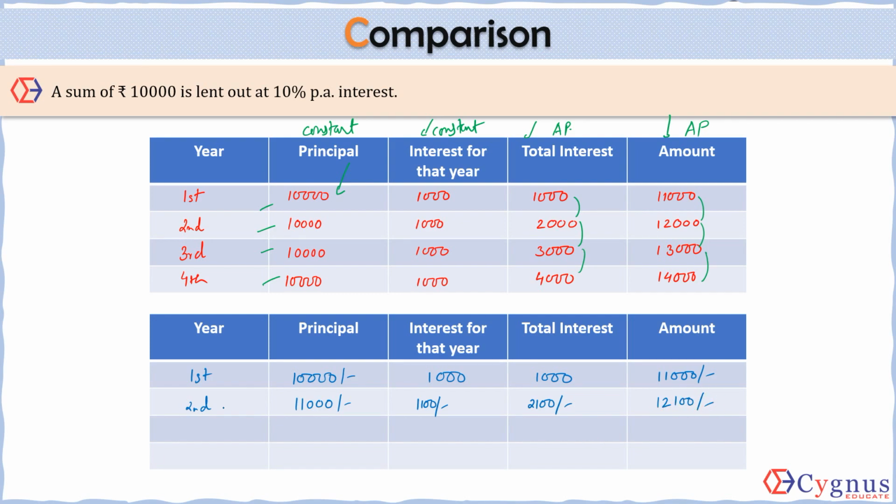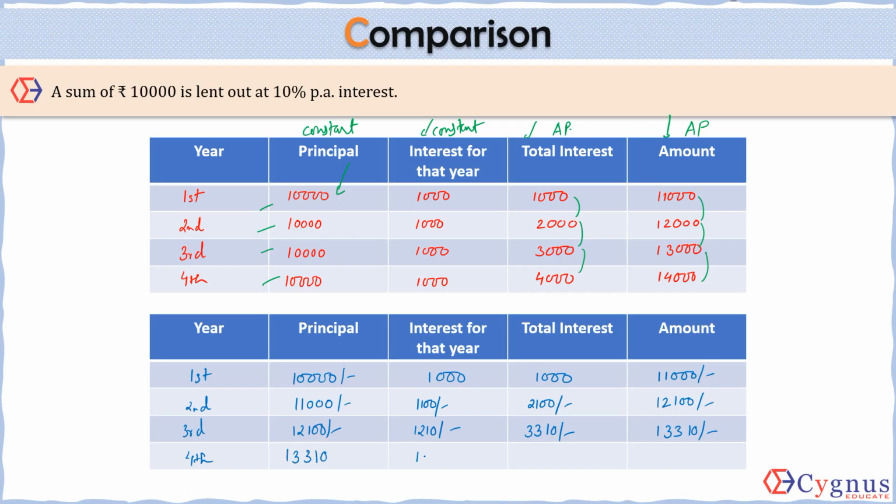If you use it for the third year, now the principal will become 12,100 and interest on 12,100 will be 1,210. This will be added here. This gives you 3,310 and the amount payable will become 13,310.